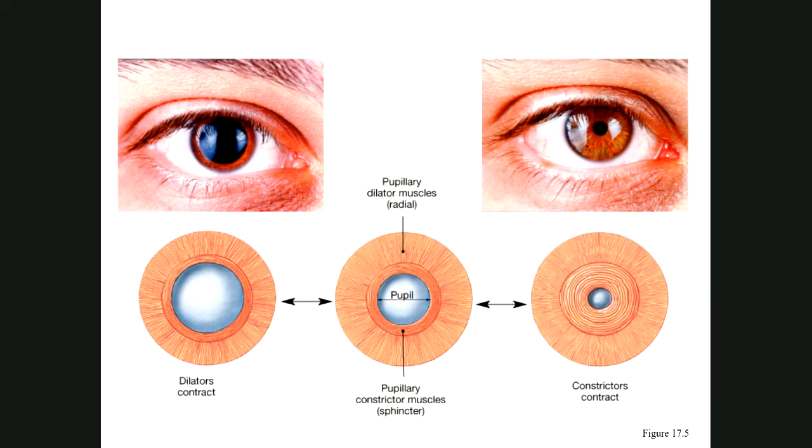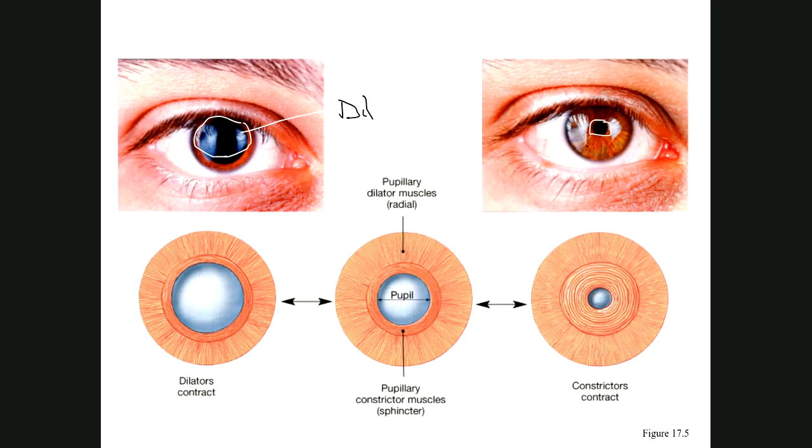Well, the reason we have an iris is not to make your eyes pretty, even though it does. It controls the size of this hole. So the pupil, we can open it up. We can dilate it. And that lets more light in.